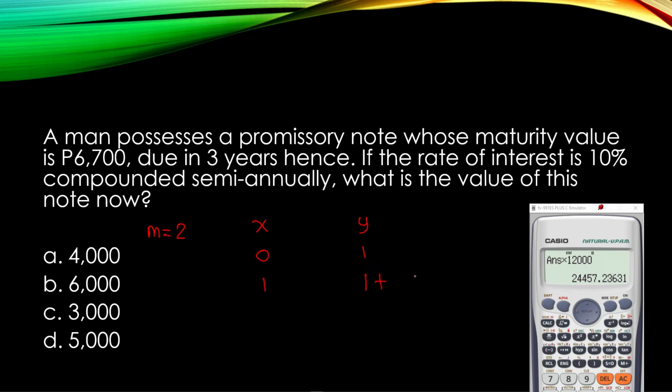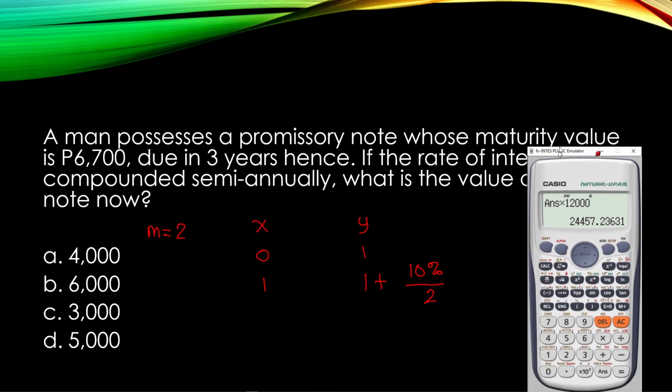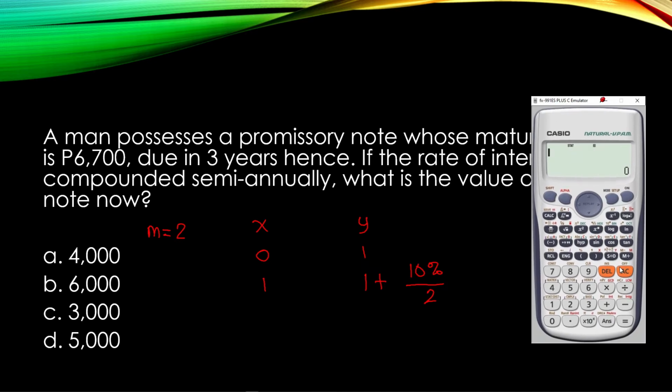R natin is 10%. So we have 10% divided by 2. Since divided by M. Okay, so input natin yun sa table natin. So mode 3, 6, 0, 1, and then we have 1, 1 plus 10% divided by 2.